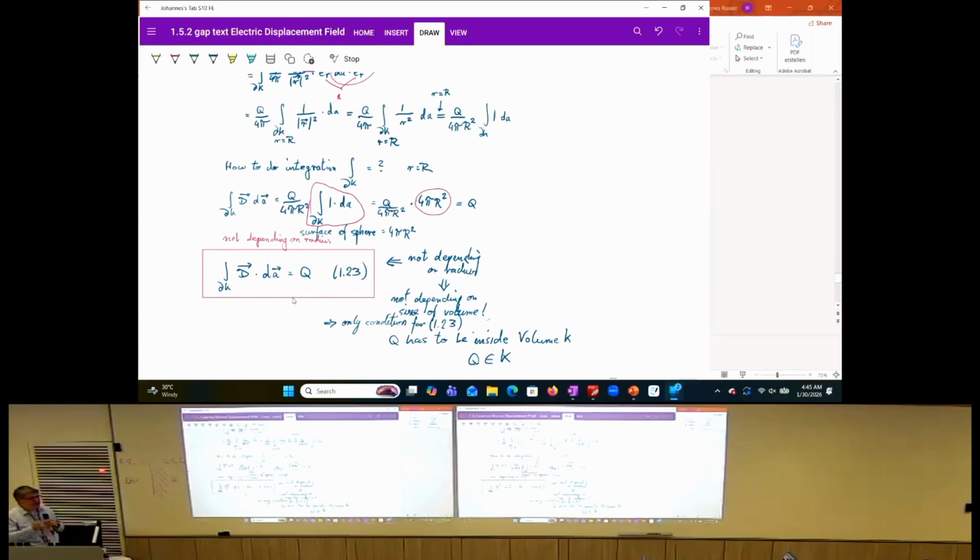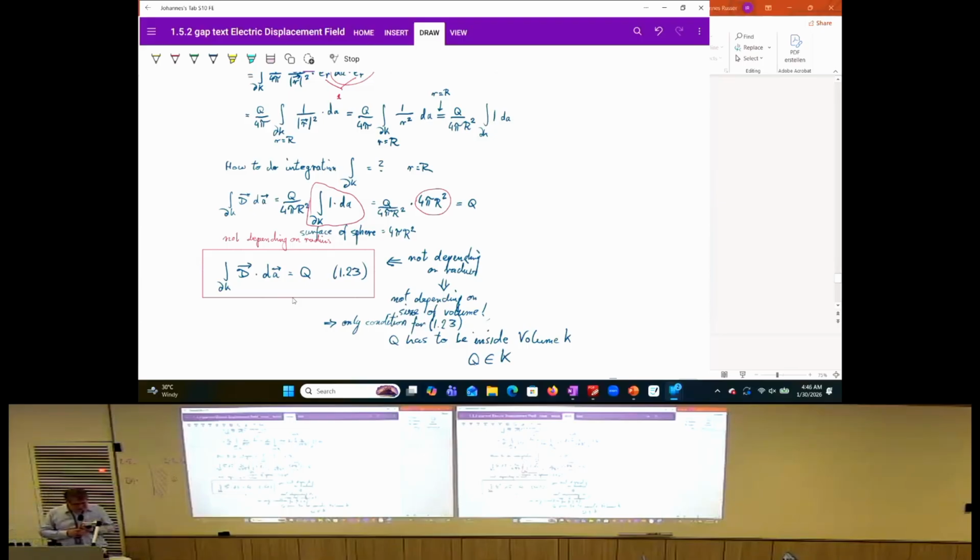So the alignment of the displacement field is very easy to compute, but it doesn't really matter whether the charge is in the center or anywhere else, as long as it is within this control volume. It can also be multiple charges at various places within that control volume. Then you integrate the displacement field over the entire enclosing surface, and as a result you get the charge which is included in this control volume.